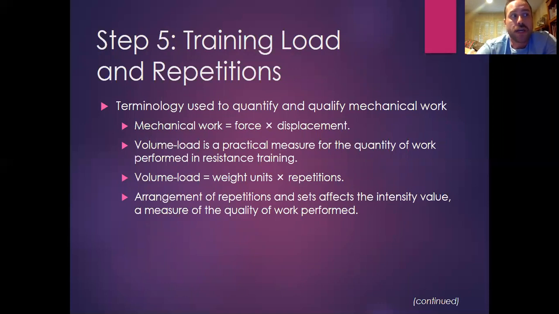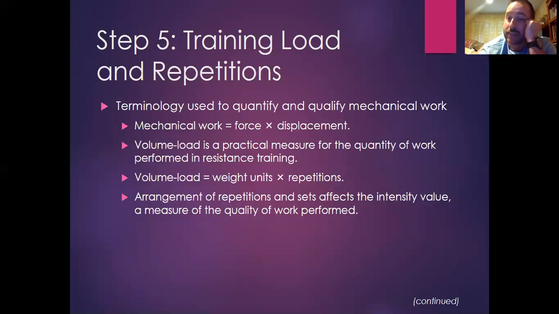So you can assume somebody's volume load by what you're programming, saying, if 50% is 100 pounds times 10 reps. Well, guess what? That's 1,000 pounds for that one set times 5 sets. That's 5,000 pounds of volume that you've put onto that body.